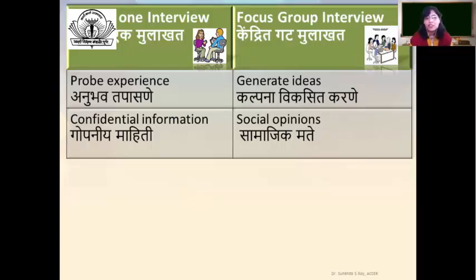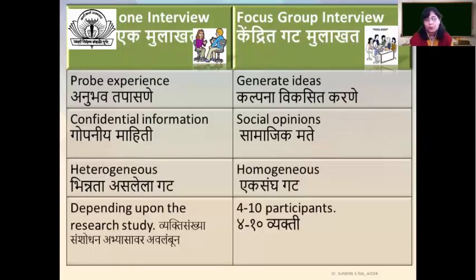So for confidential information, it's better to go for one-to-one interview. But in focus group interview, if you want to have a social opinion, a group opinion regarding a particular phenomenon, or regarding a particular situation or event, then it's better to go in for focus group interview.